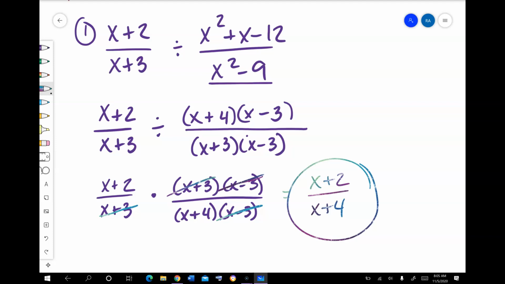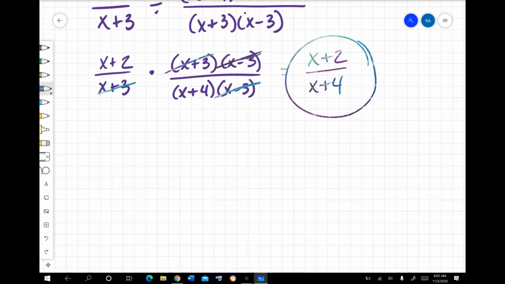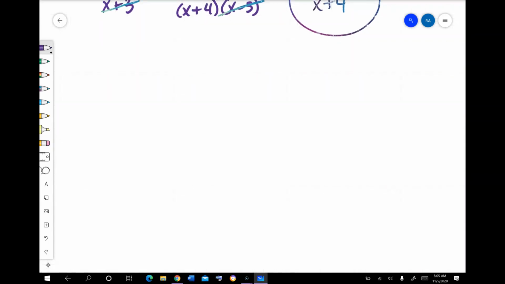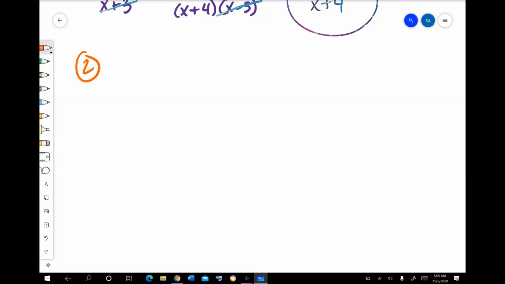Okay, so there's also another way you can write division, but it's really the same thing, so don't let it freak you out. You could see a division problem like this.